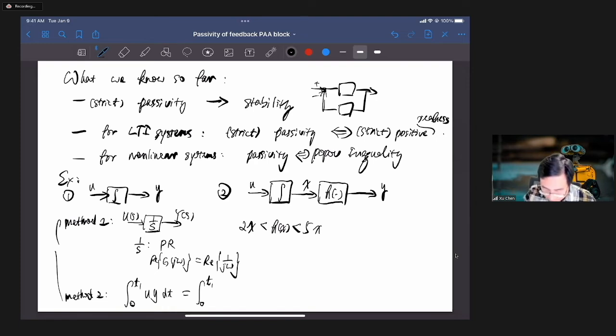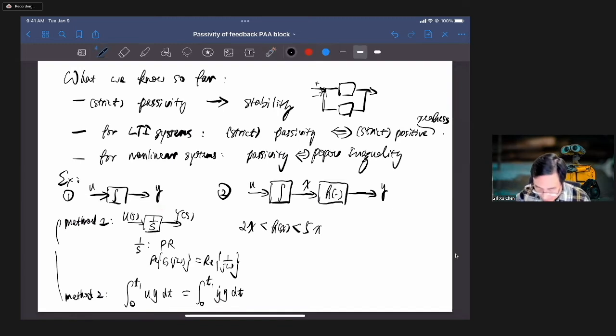So what we can notice is that if you integrate u to generate y, then the relationship is that u is the derivative of y. That's how, if this is y dot, you integrate it, you get y.